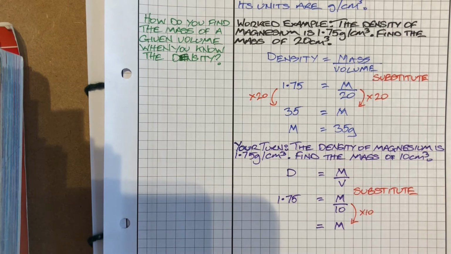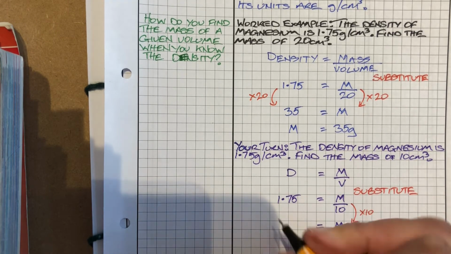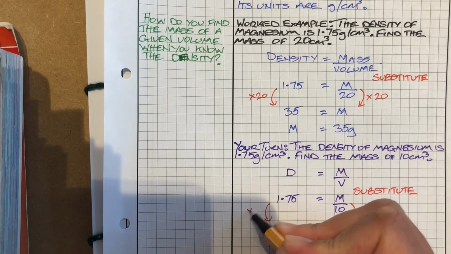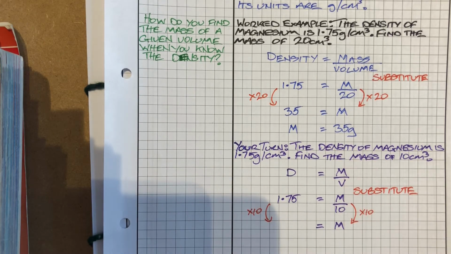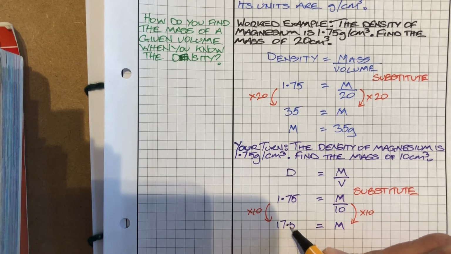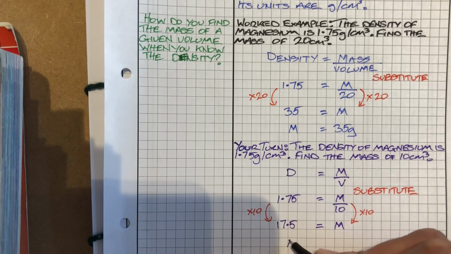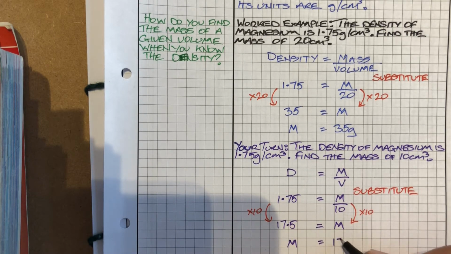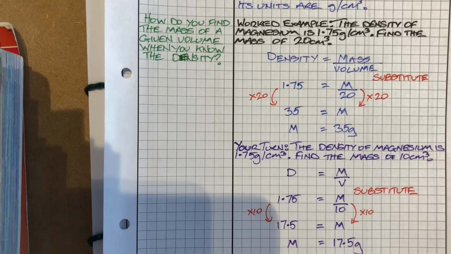I'm multiplying by 10. If I do it on this side, I do the same thing on this side. So 1.75 times by 10 gives me 17.5. The mass is 17.5 grams.